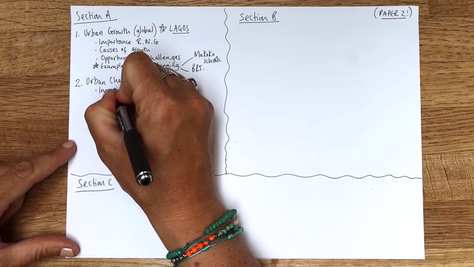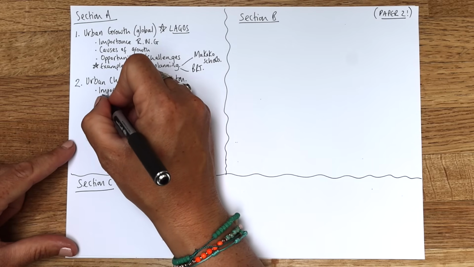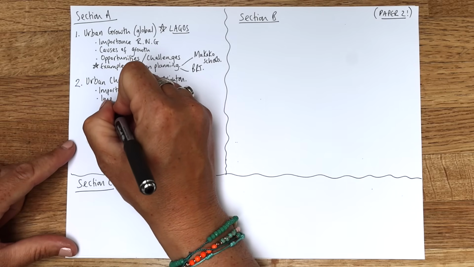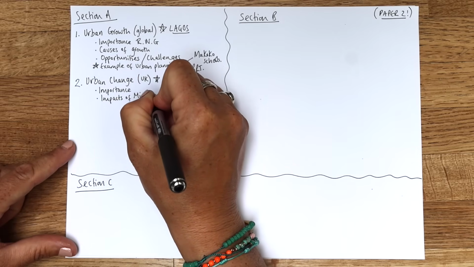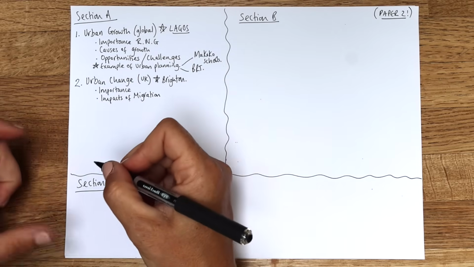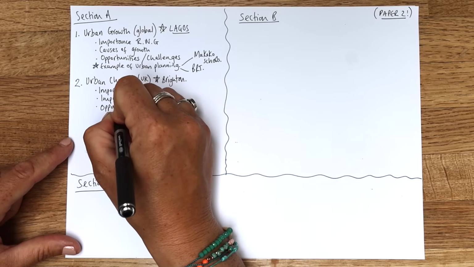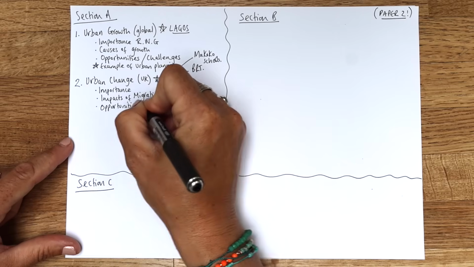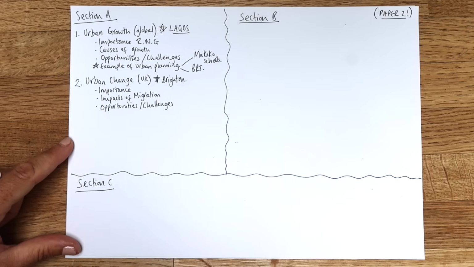So that will be the importance of the place. We will also look at sort of impacts of migration. Has it had any impacts on the city and the makeup of the city? Then opportunities and challenges again. They love that, it comes up often.